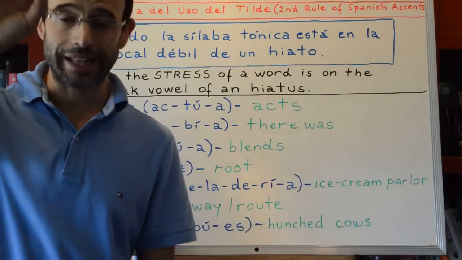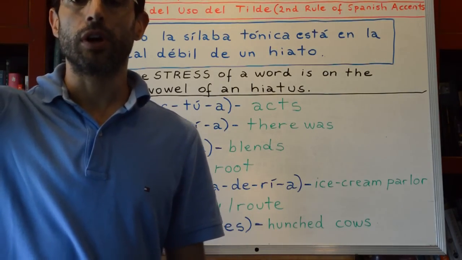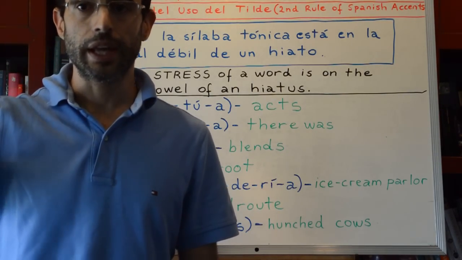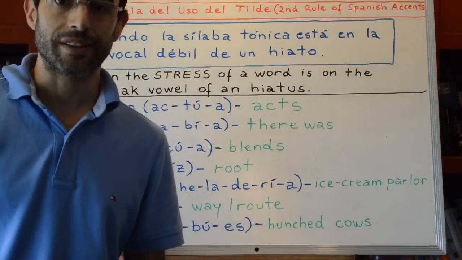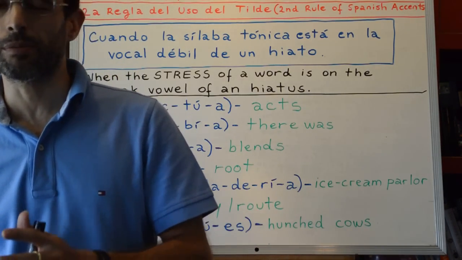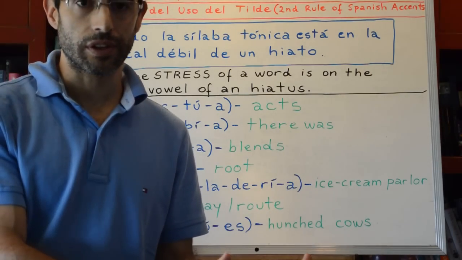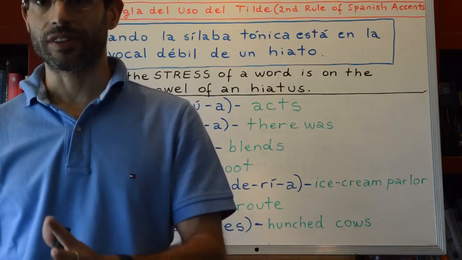The Spanish accent, that little line that you see sometimes on top of some vowels, that is called tilde, okay? The word accent, acento, in Spanish means something slightly different than the tilde. What is accent in Spanish?